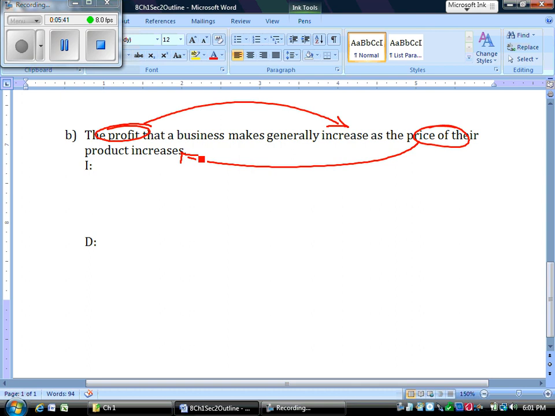Okay? So which one is changing based on the other? If you ask yourself that and you think about it, you'll see that the one that's being set is the price. The company gets to pick the price of their product. So that's the independent variable. The company's deciding this is what we want our price to be. Okay? Then their profit depends on what they pick for the price.